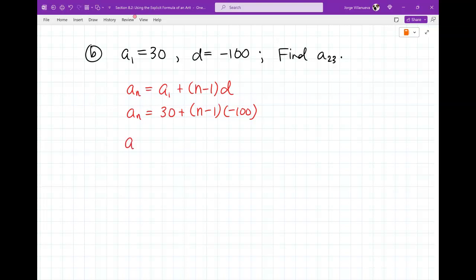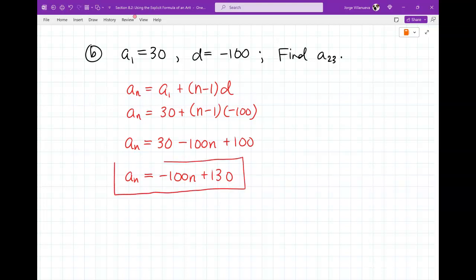So this comes out to a sub n is equal to 30 minus 100n plus 100, because negative 1 times negative 100 is positive 100. Clean this up a bit. That becomes negative 100n plus 130. I'm a little worried at how big this number is going to be, but we'll see. Okay? So here is my explicit formula.